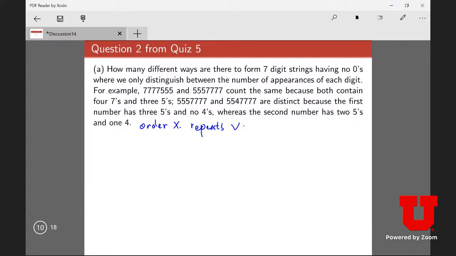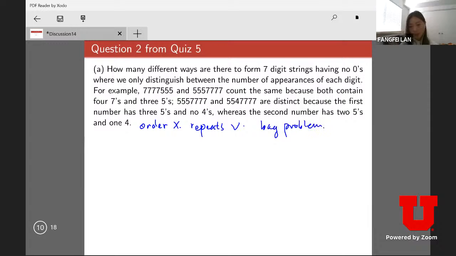A bag problem. Yes, a bag problem. So how many different ways are there to form a 7-digit string with 9 different digits?